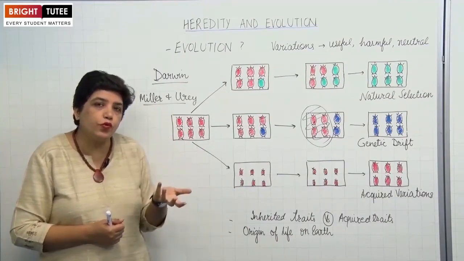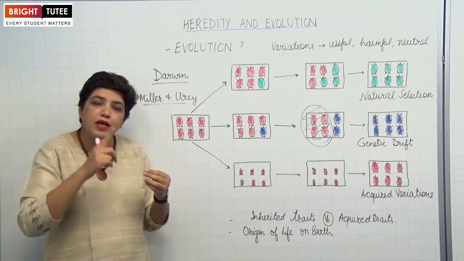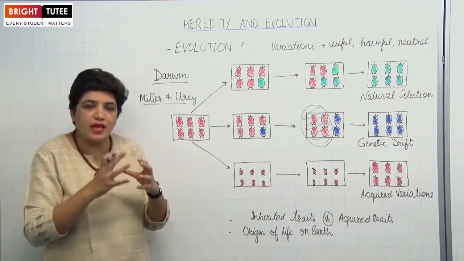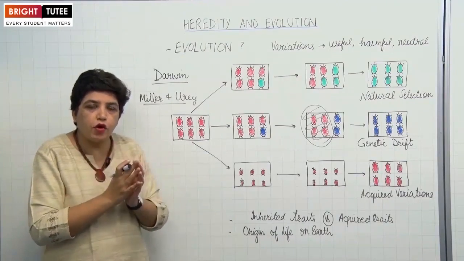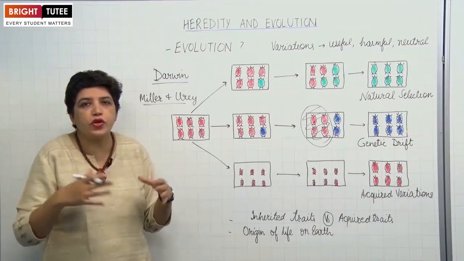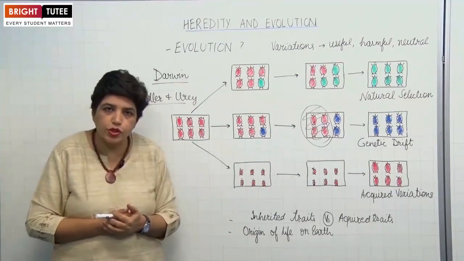This was a proof that initially organic compounds were formed from inorganic material, and slowly these organic compounds came together and formed unicellular organisms, and over millions of years new organisms developed. This is the theory of origin of life on Earth.